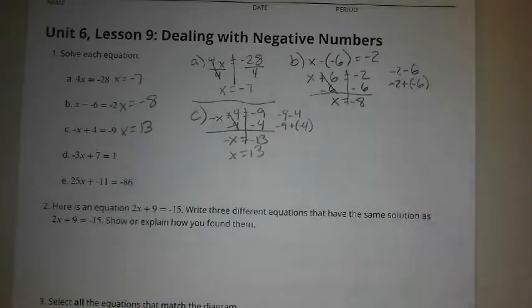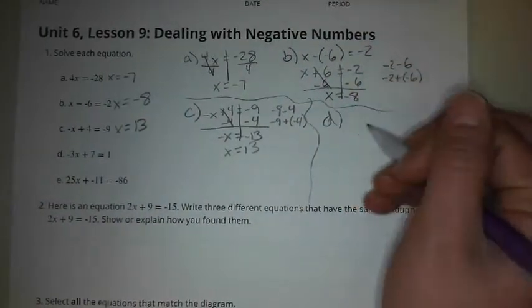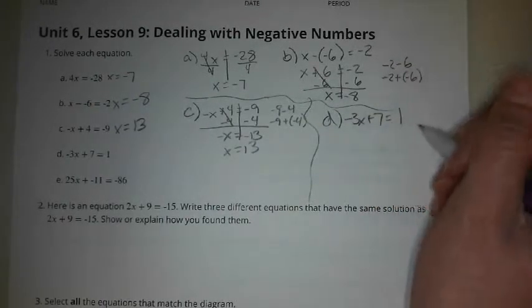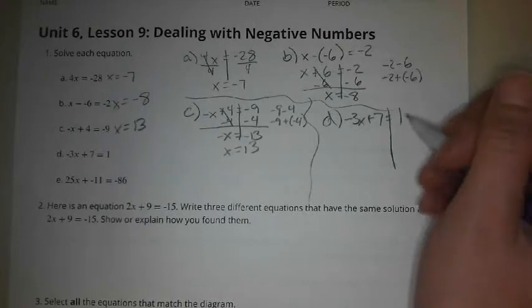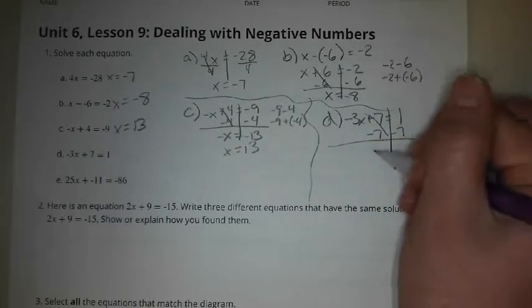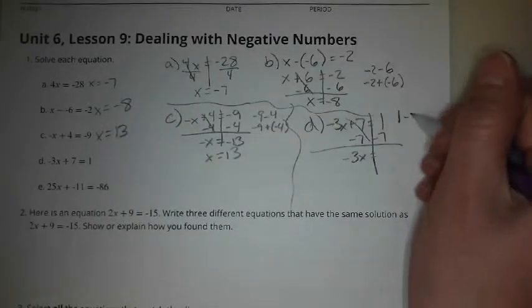All right, let's see. D. Negative 3x plus 7 equals 1. Splitting at the equal sign, need to subtract both sides. Minus 7, those cancel. I still have my negative 3x, and I have 1 minus 7.